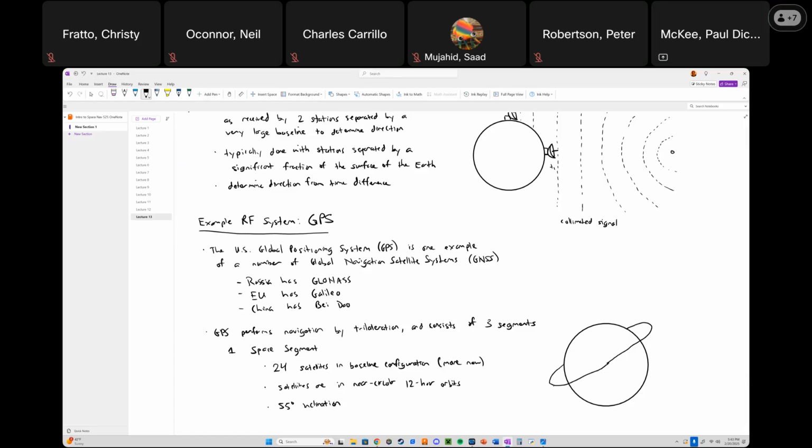So roughly 55 degrees inclined. And so because of that, you're going to get fantastic coverage between 55 south and 55 north latitude, but you're going to start to struggle up near the poles. So GPS will struggle near the poles.